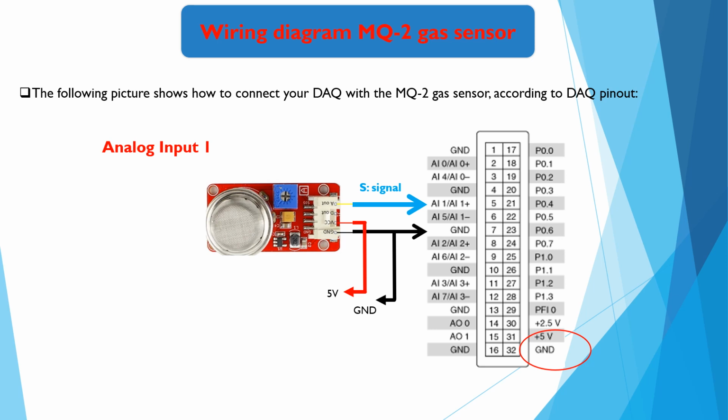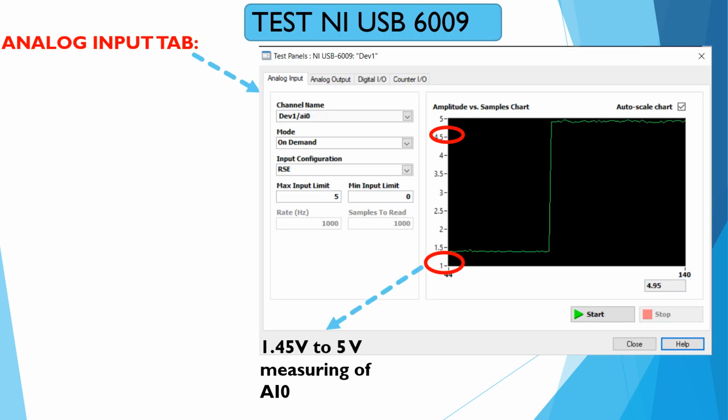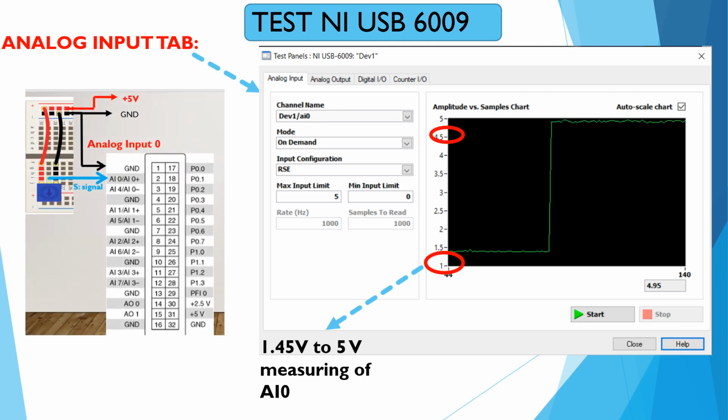During the course, we will speak about test and monitoring software such as the DAQ, and how we can measure analog input, analog output, digital input and digital output, and how we can test them by DAQ.